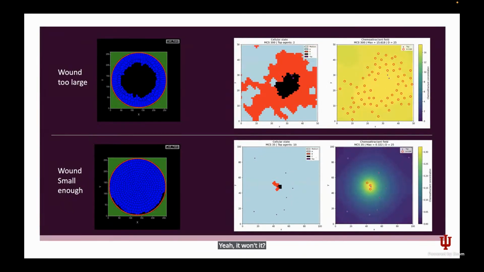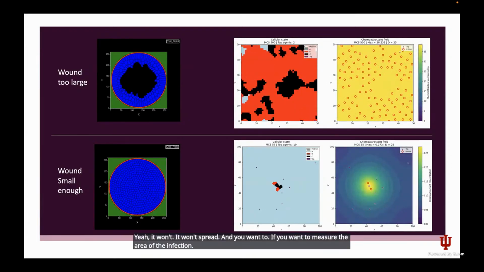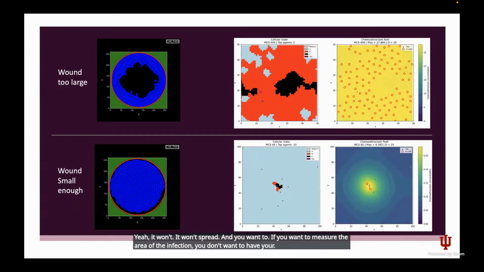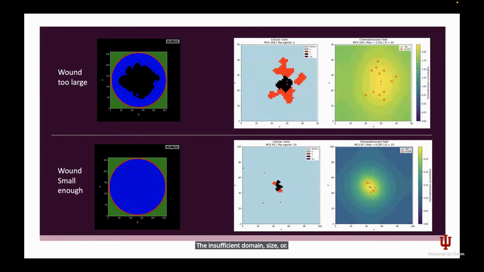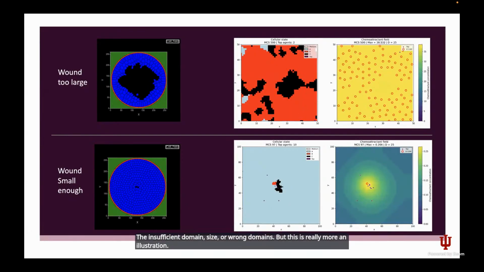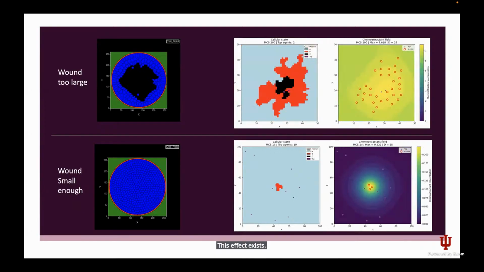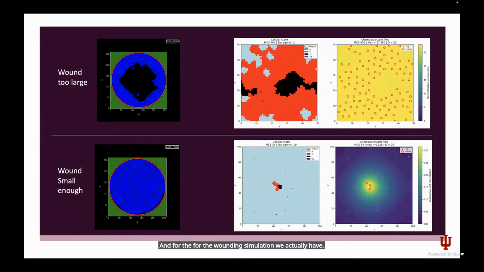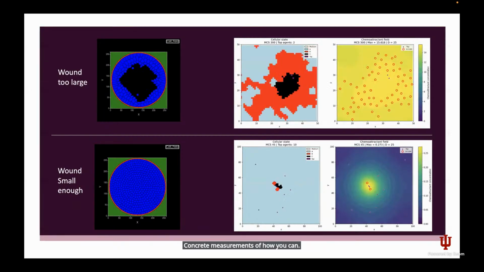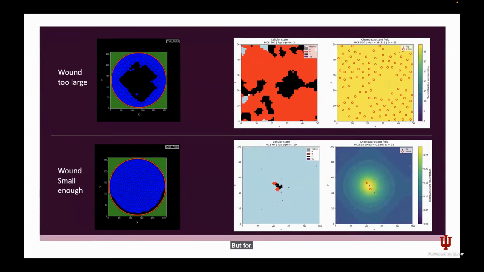If you want to measure the area of the infection, you don't want your results skewed by an insufficient or wrong domain size. But this is really more an illustration that this effect exists. For the wound healing simulation, we have concrete measurements of how to choose the domain size, but for these two toy models, we haven't gotten there.